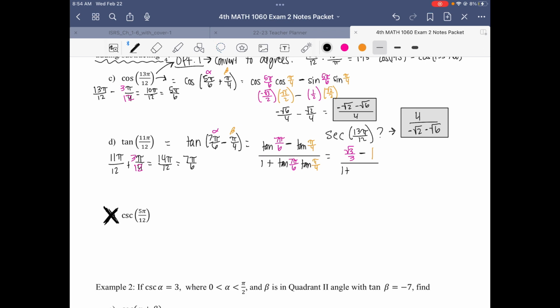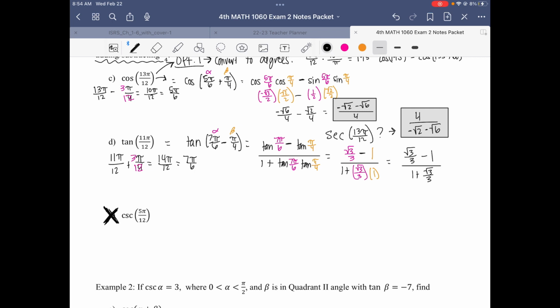So then we do 1 plus root 3 over 3 times by 1. And we get root 3 over 3 minus 1 over 1 plus root 3 over 3.